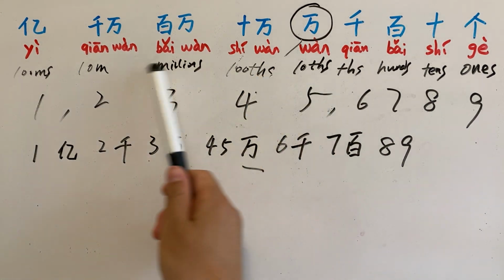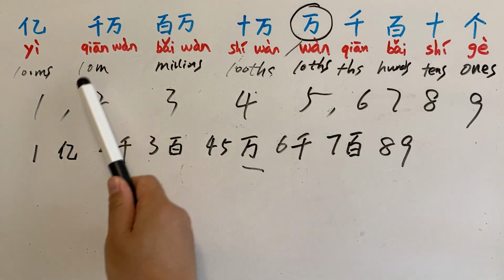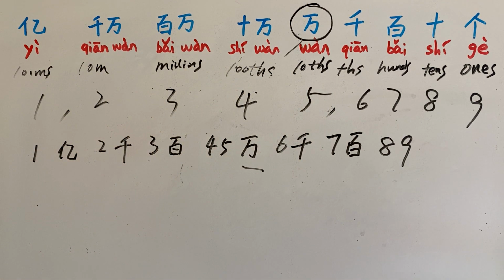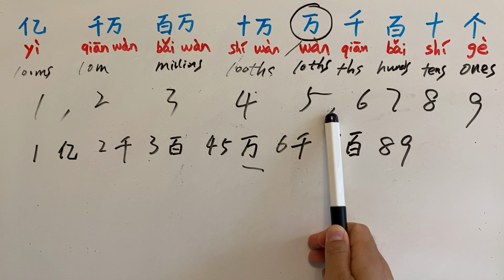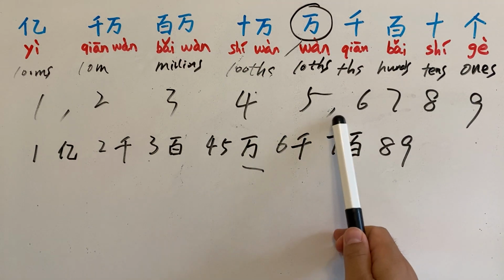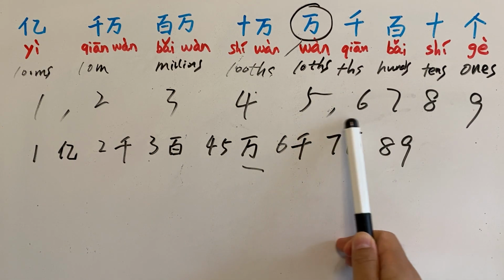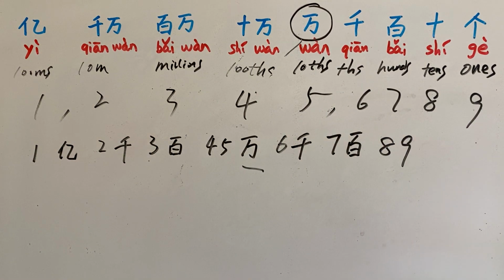So in this four-digit set, it is always pronounced as how many thousands, how many hundreds, how many tens, and how many ones. 2345, right? 万, this comma is 万. 6789. It's very simple. Just change the mindset from English to Chinese. The rest is the same.